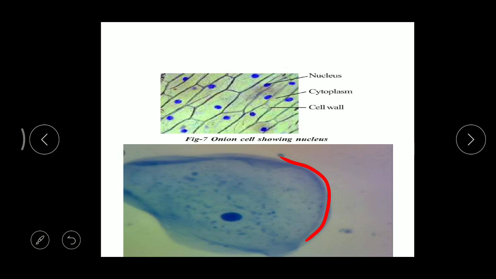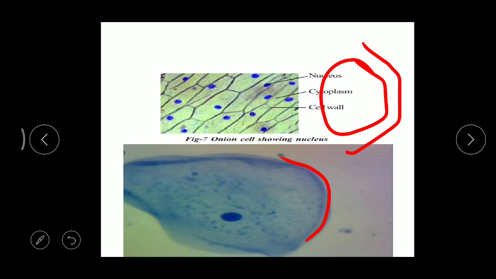Say for example, this is the cell membrane, but around the cell membrane we can find one more layer like this, and we call this a cell wall.